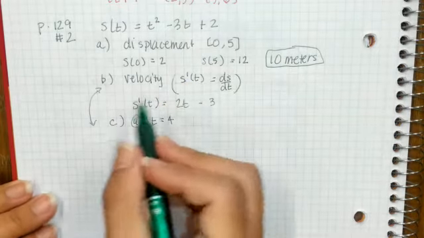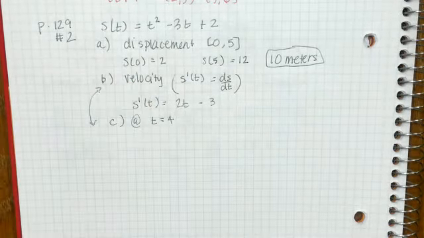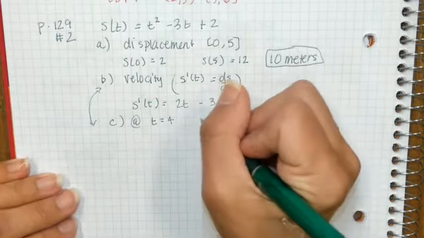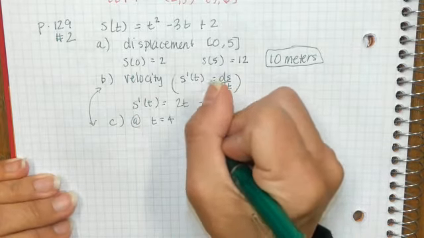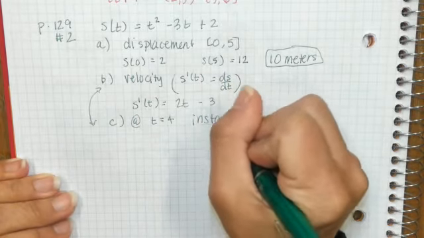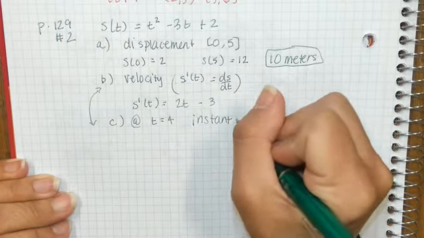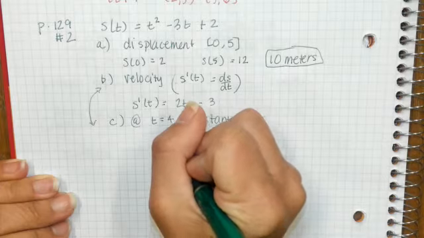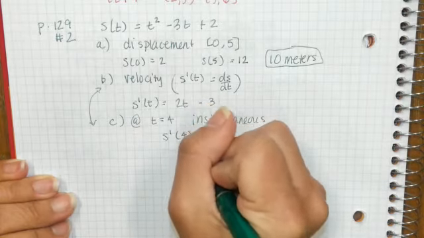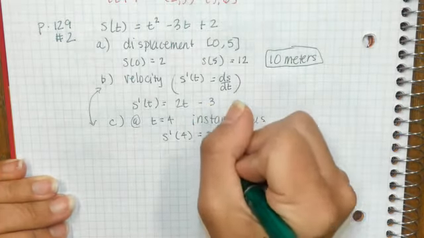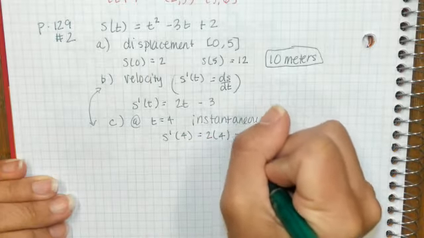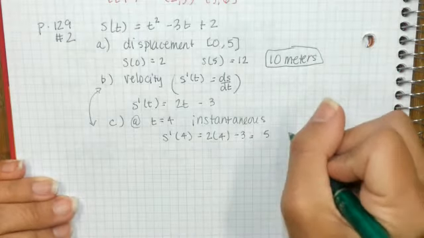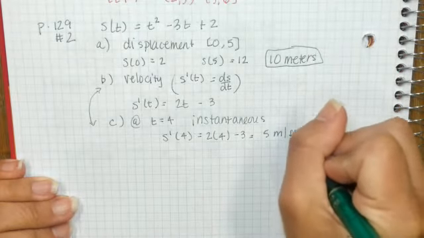Okay, so I'm just backwards. Part B wants to know average. Average is just slope. Instantaneous is the derivative. So this is going to be instantaneous. This is going to be s prime of 4, which is 2 times 4 minus 3, which is 5 meters per second.